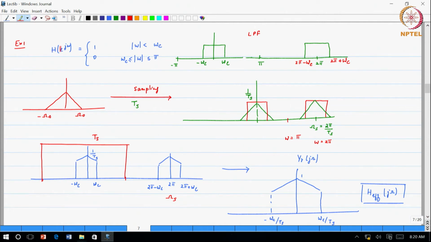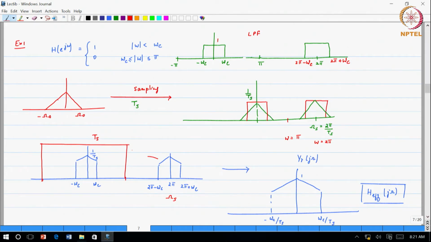The discrete time system has the following transfer function, which we sketched and observed that this is a low pass filter and that it will have periodic repetitions of the spectra. From minus omega c to omega c, we have a transfer function with an amplitude of 1, and then it is 0 in the rest of the region between minus pi to pi.